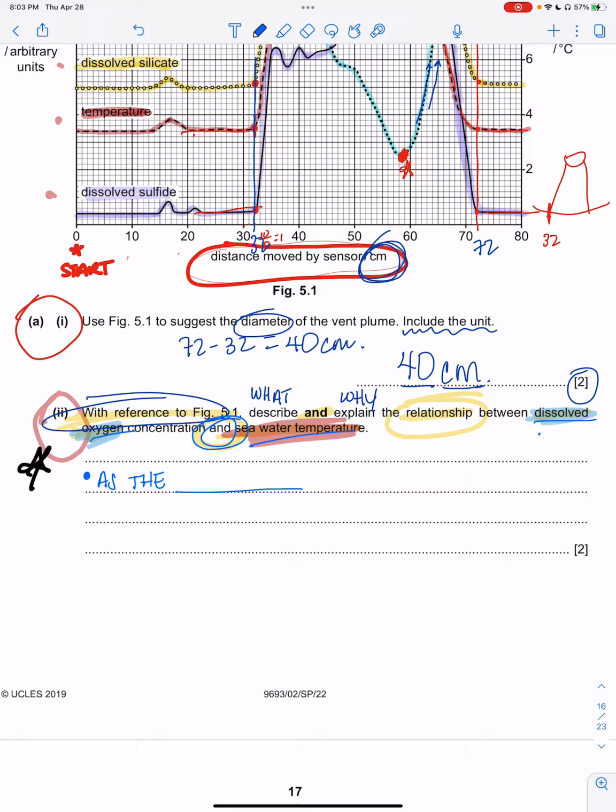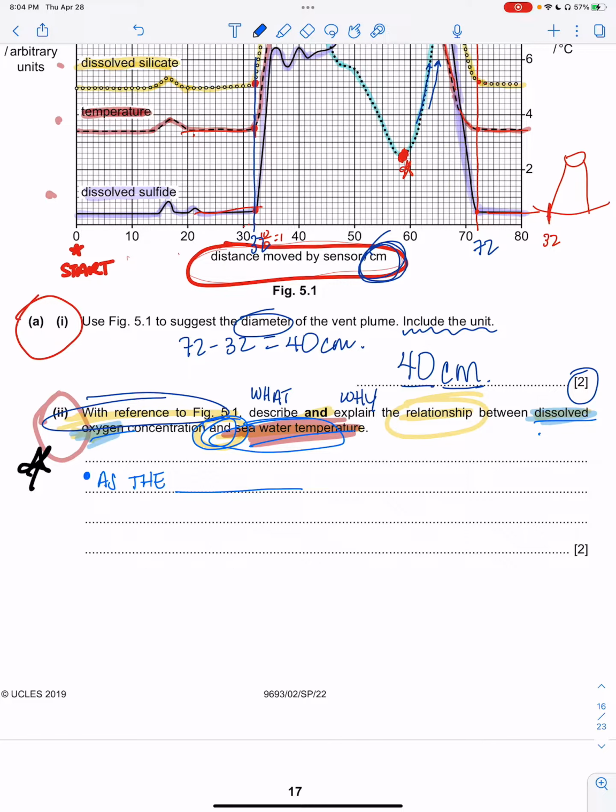Is oxygen causing the ocean temperature to get high or low? Gas doesn't do that. Or is the temperature controlling whether oxygen can stay dissolved or not? It's the temperature. Because I was just about to write that, and I was like, dissolved oxygen. Think about what's controlling what.